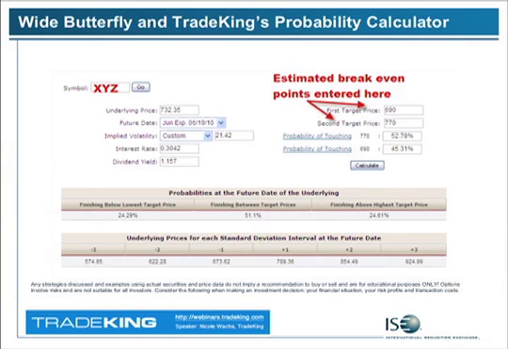Just keep that in mind. So this says there's a 51% chance that I'm going to make money in this trade, because the way I make money is that the underlying needs to be between the break-even points. What is the likelihood that the underlying will be between the break-even points? That likelihood is 51%.